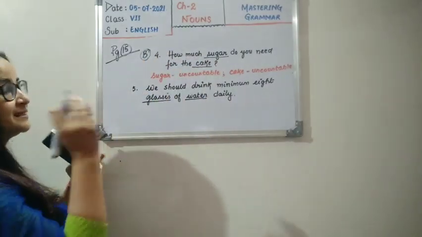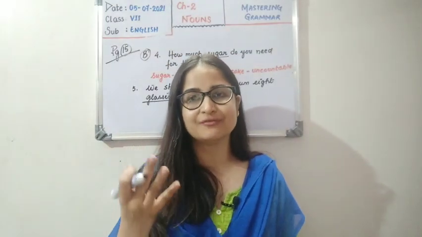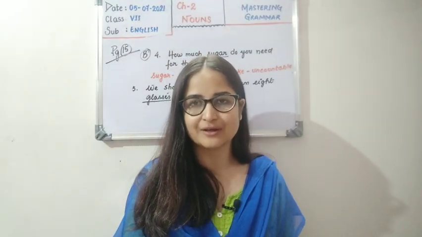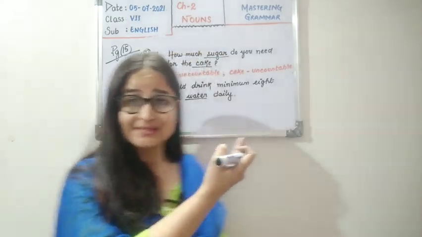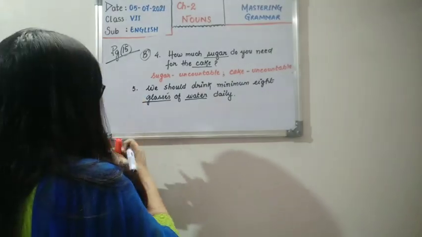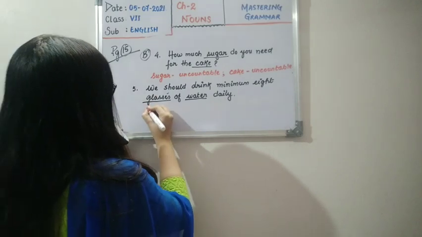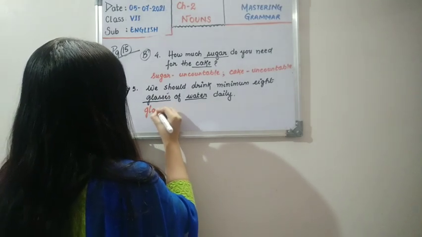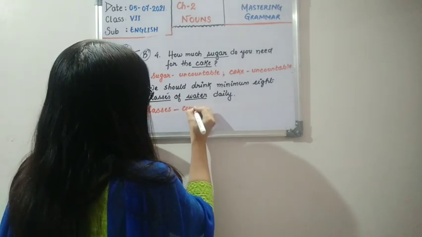We are talking about the tumbler, the glass which every one of us has at home. That's why it's countable and that's why it's taking this plural form. This is the reason the word glasses will be what? Countable noun, because we can count these glasses. So this is countable.